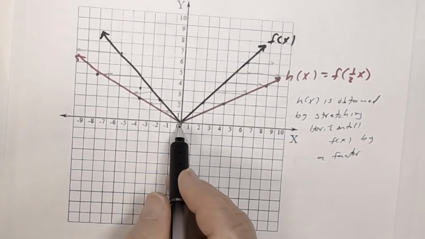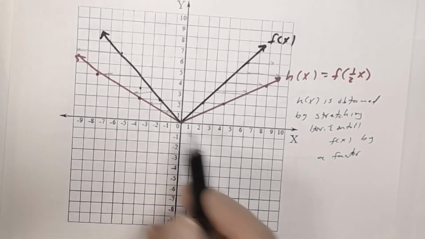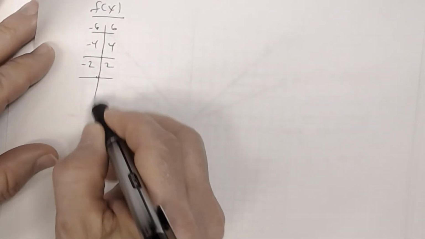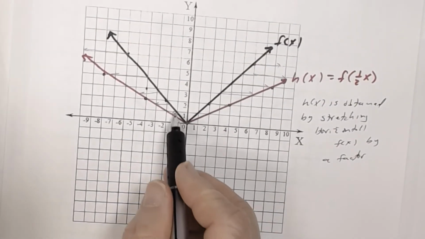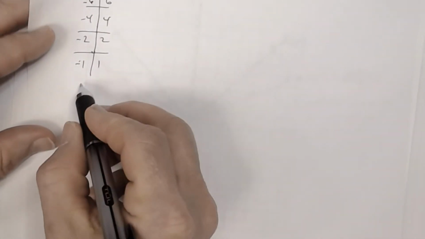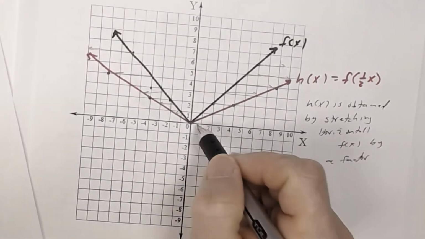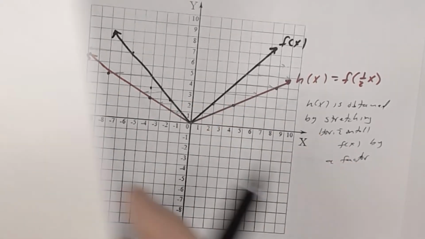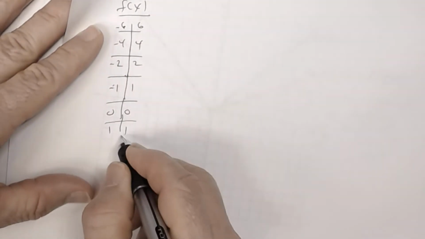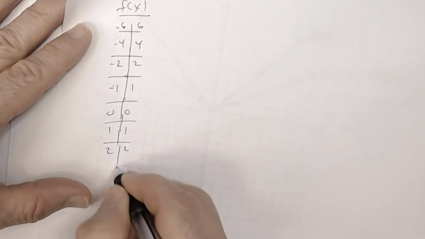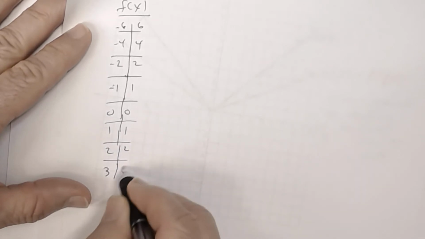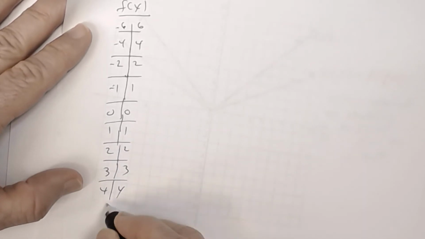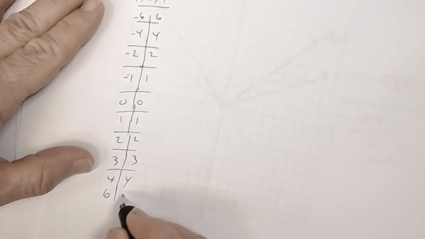Negative 1, positive 1. We have 0, 0. And 1, 1, 2, 2, and so on. So we have 1, 1, 2, 2, 3, 3, 4, 4, 6, 6.